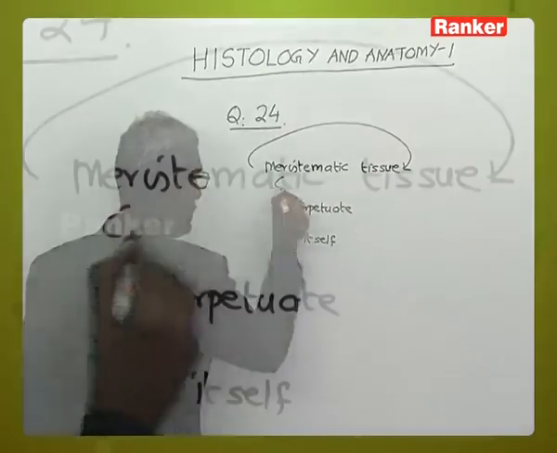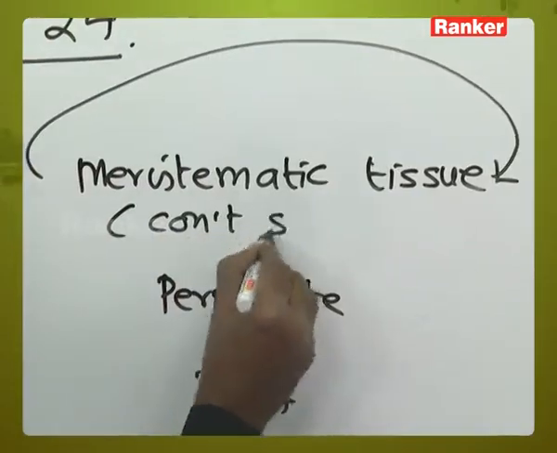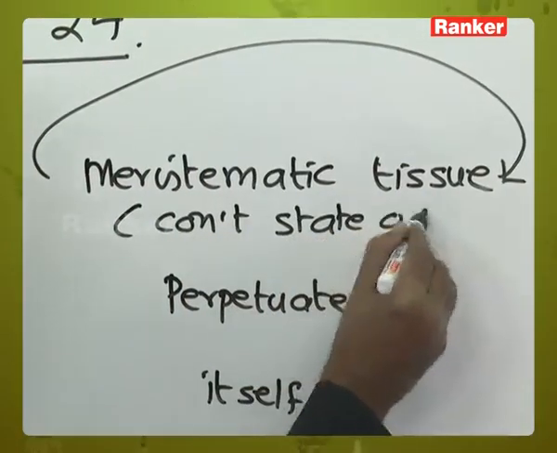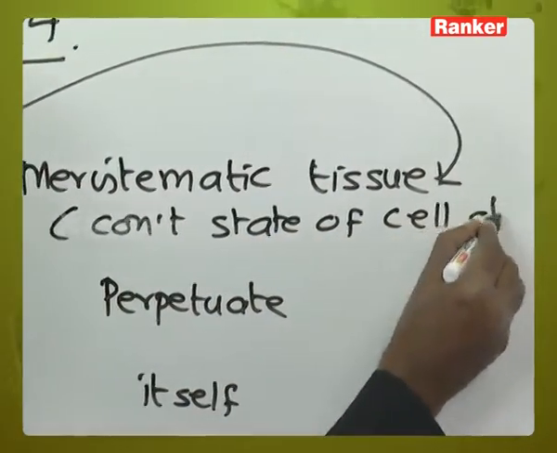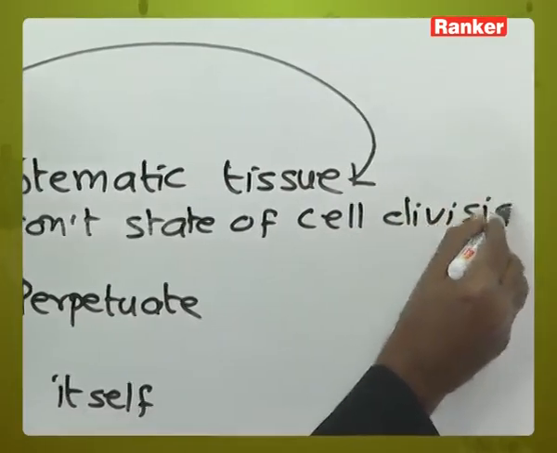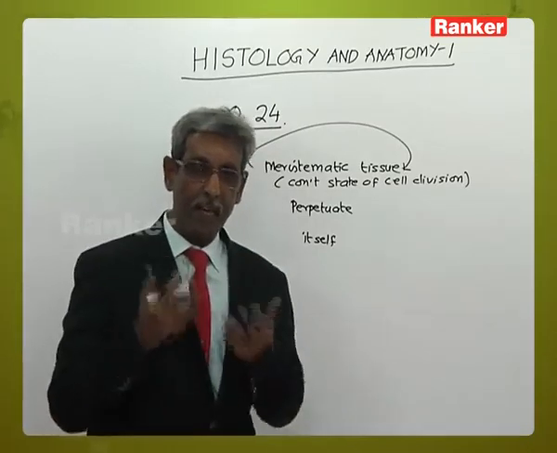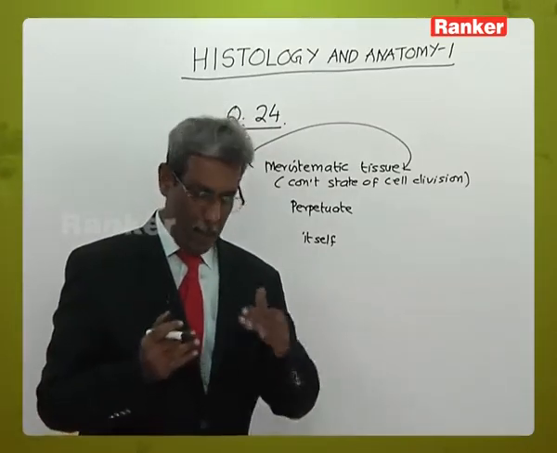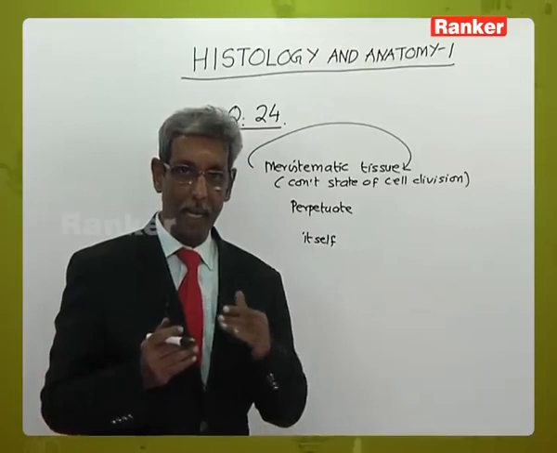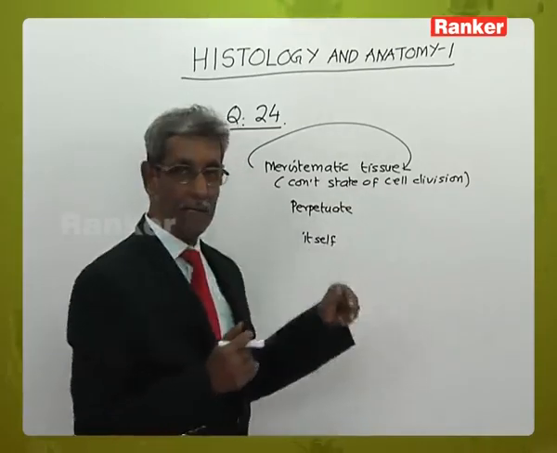This is because it is in a continuous state of cell division. A meristematic tissue is made up of cells which are in a state of continuous division. Thereby, you have the first line, the second line and the third line of meristematic cells.